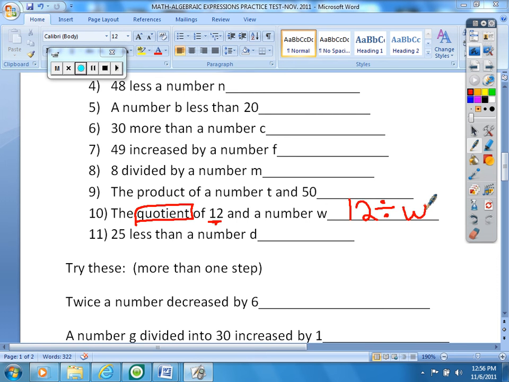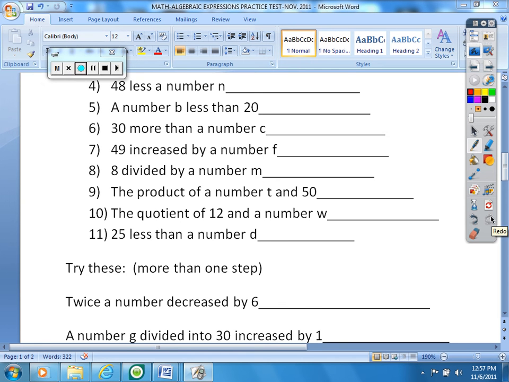All right, so that would be the quotient of 12 and a number w is 12 divided by w. You say, why does that matter? Well, if I said the difference of n and 14, these are totally different situations here. So in algebra, the students need to get used to, if it just says difference or quotient, whichever one is listed first in the word phrase, write that one first in their math expression.